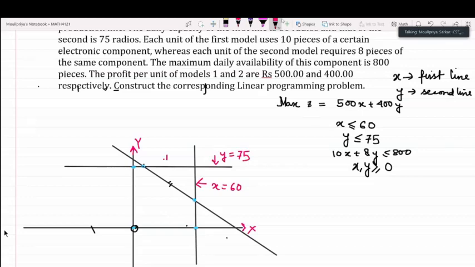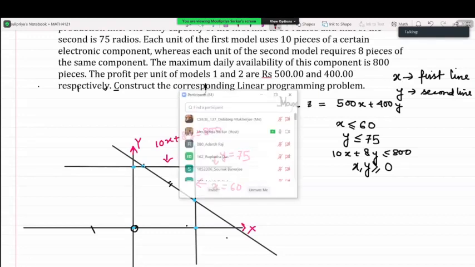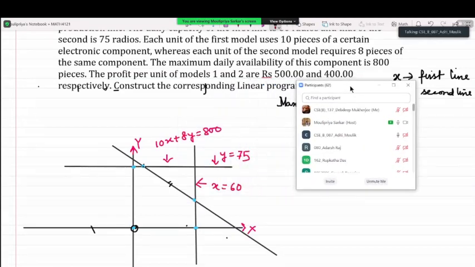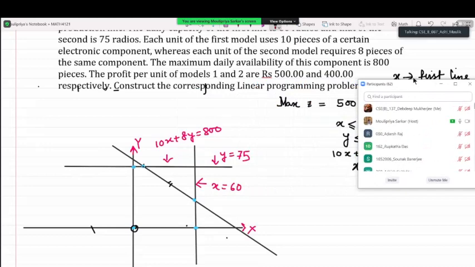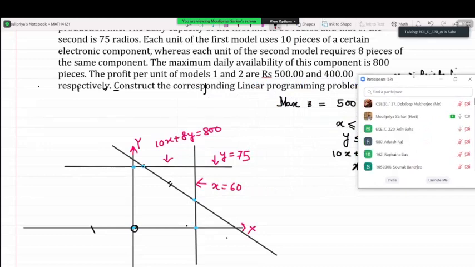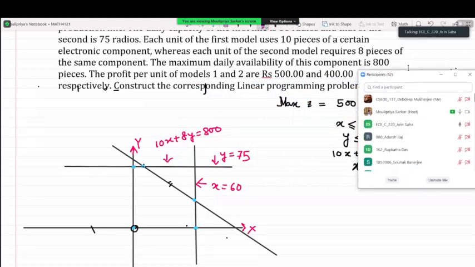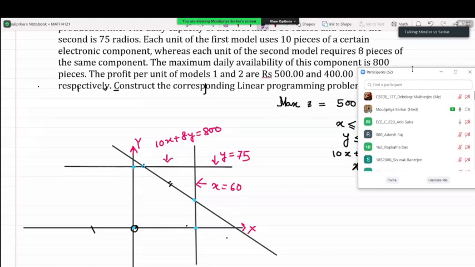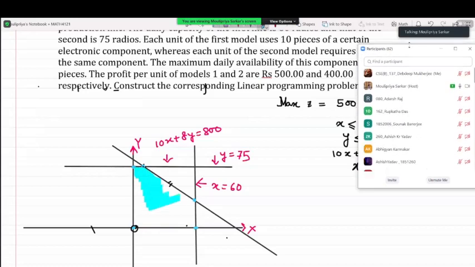And this one would be 10x plus 8y equal to 800. Ma'am, the largest pentagon kind of shape. And the pentagon shape implies this one. Am I right?